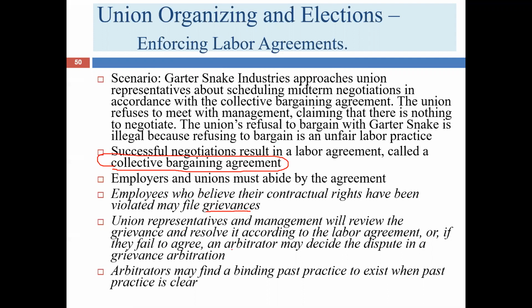I've been involved in these, and they work just like a kind of mini trial. There's an arbitrator who's appointed, there are witnesses, there's testimony under oath, documents are presented. It works very much like a mini trial, usually quite a bit shorter than a traditional trial. The arbitrators that are hired for this, obviously they're not employees of either the union or the company, will likely follow past practice.